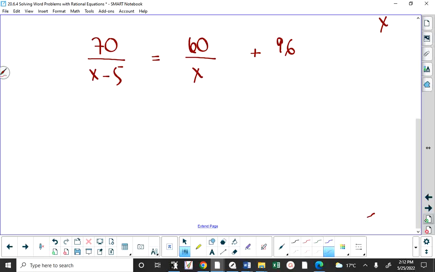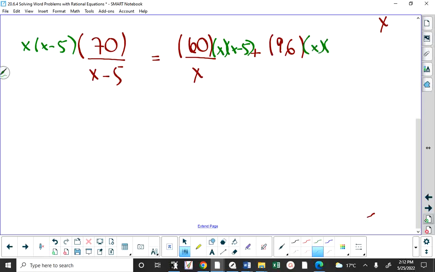You would have to multiply everything by x and x minus 5. These would cancel. You would have 70x. These would cancel.